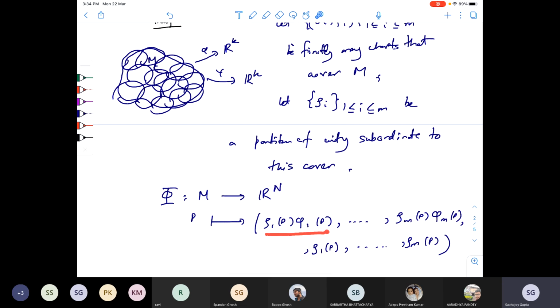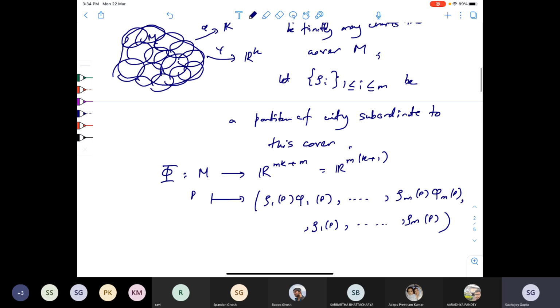Each of these M entries belongs to R^k, and then there are M more real numbers. So it's M times K plus M. Maybe I wrote it wrong. So this is R to the M times K plus 1, if I write it this way.